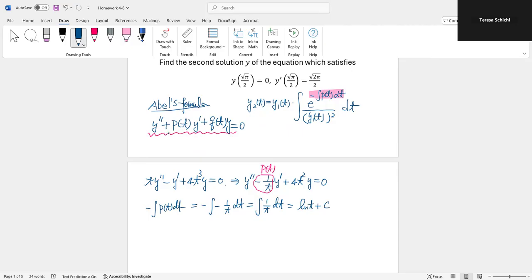Since t is greater than 0, I don't need to put the absolute value.